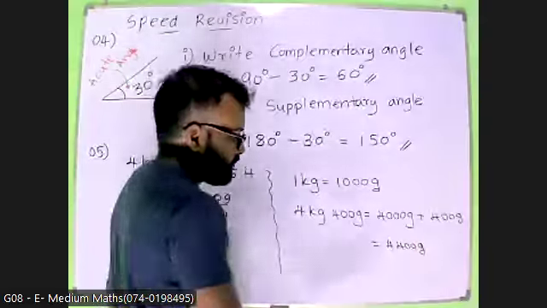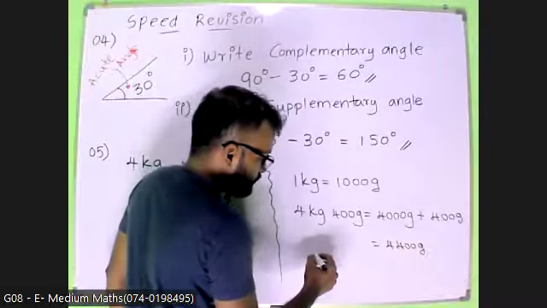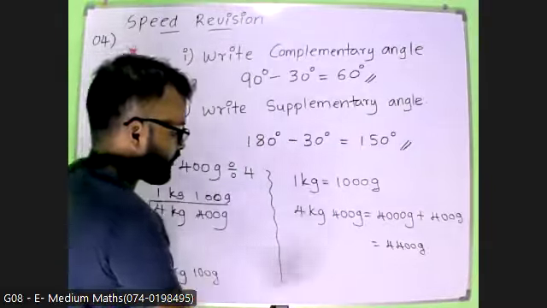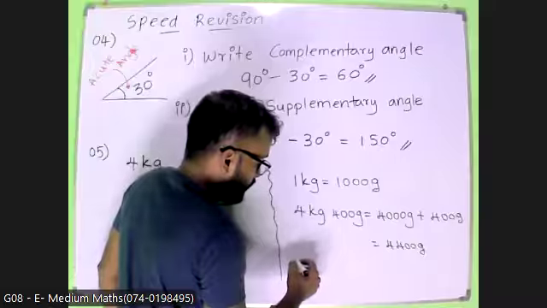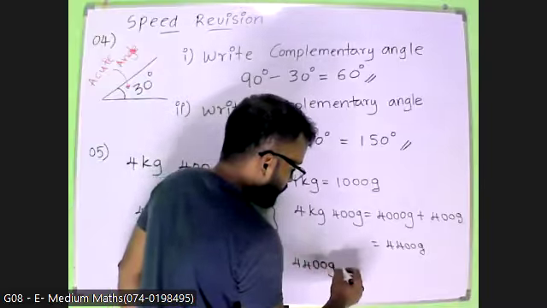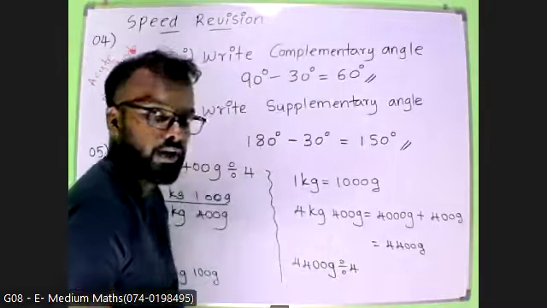Right? So either you can divide this one as well. If you want to do this, you can use that one as well. So how do you use it? 4400 grams divided by 4. How do you divide?